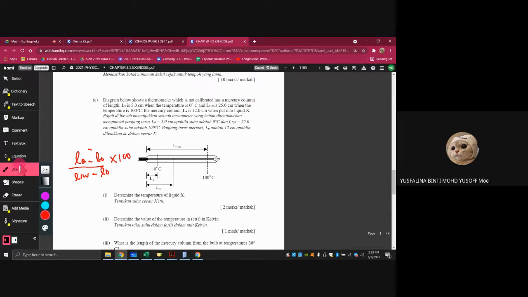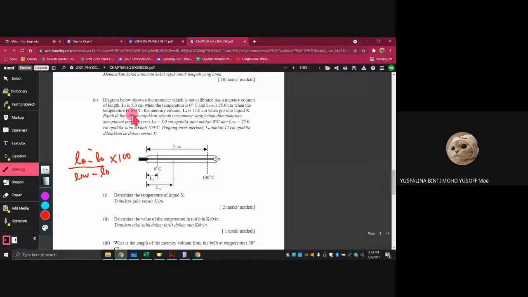The question says the diagram below shows a thermometer which is not calibrated, has a mercury column of length L0 is 5 cm when the temperature is 0 degrees Celsius and L100 is 25 cm when the temperature is 100, and the mercury L theta is 12 cm when you put in the liquid X. So you have to determine the temperature of liquid X.